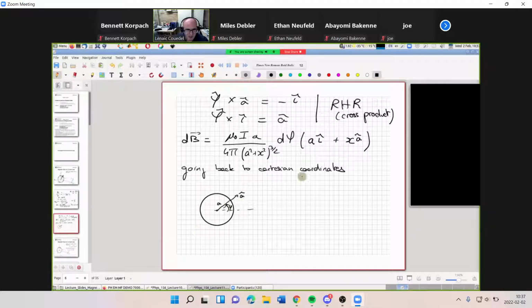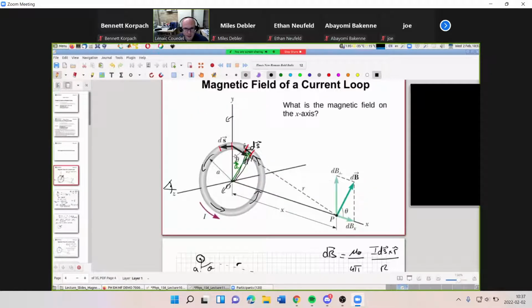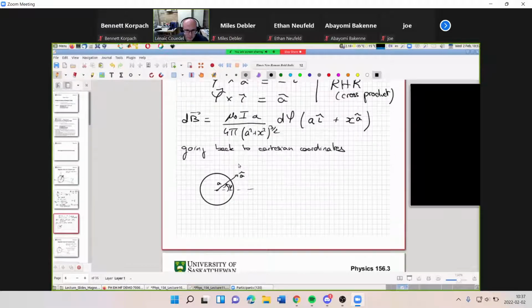So in our system of coordinates here, I can choose to put the y direction like that and the z direction like that.